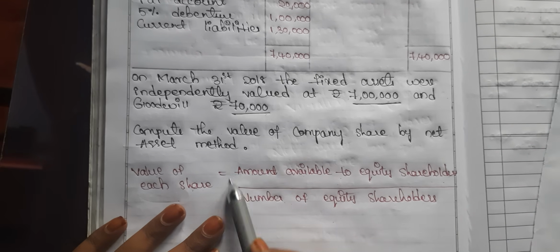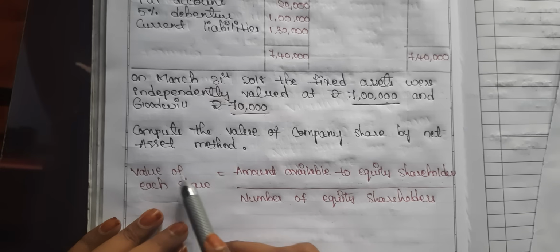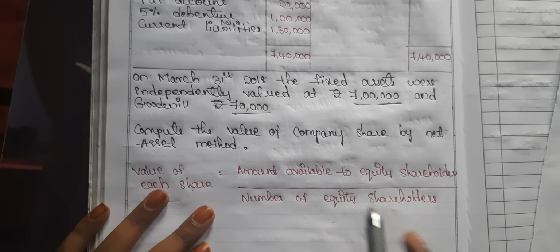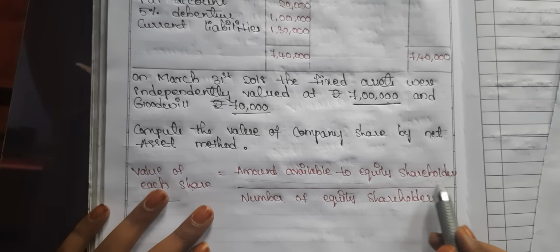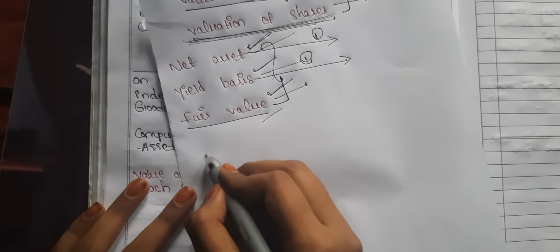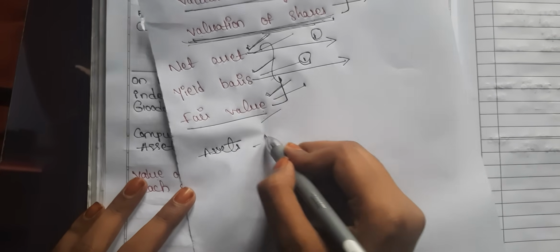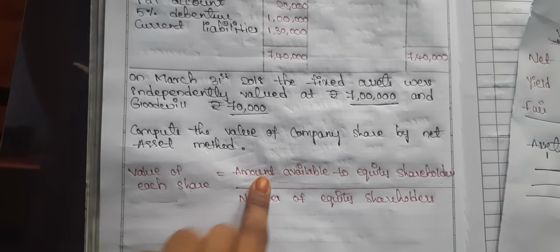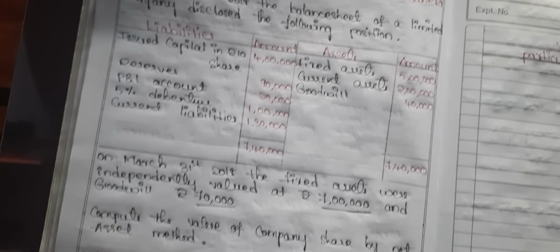To find this amount available to equity shareholders, we will be minusing assets from liabilities. No, we will be minusing liabilities from assets. Assets will be above and liabilities will be below. Whatever amount we get after subtracting liabilities from assets, that is nothing but your amount available to equity shareholders. Okay, so without getting late, let us get started with our proforma.